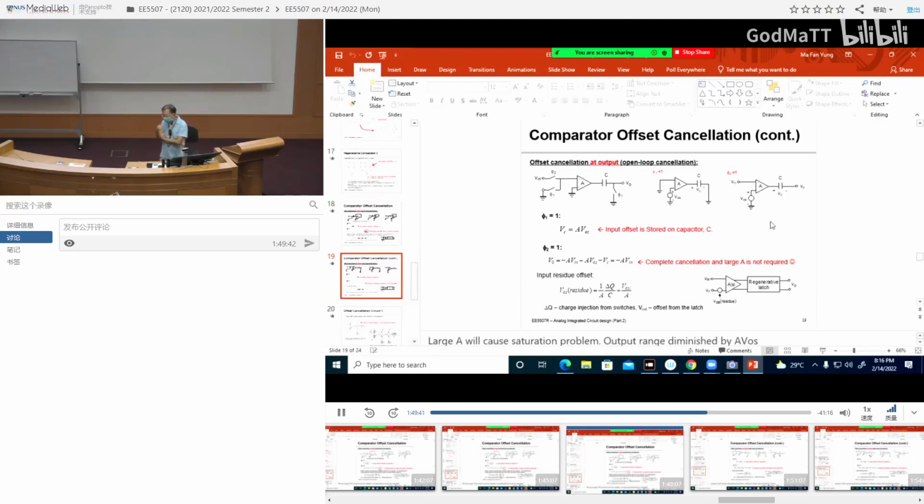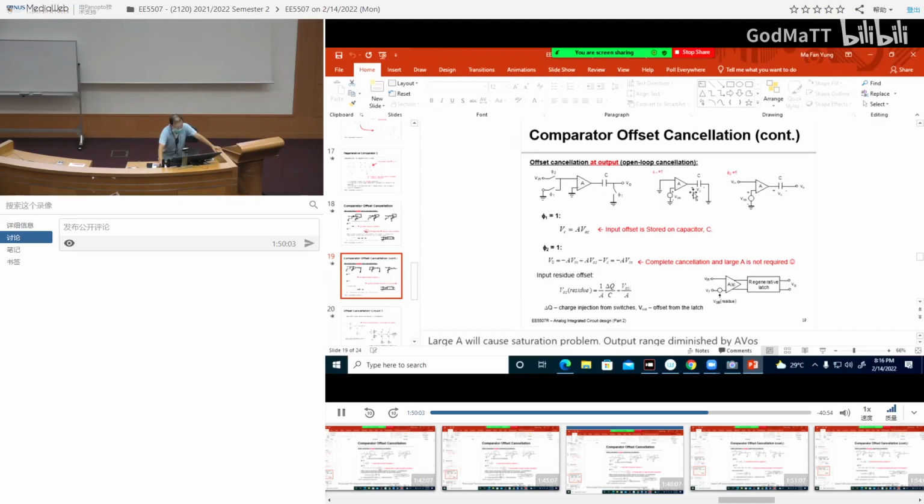Previously we talked about how we use a capacitor to store the offset at the input side. But we can also store the offset at the output side. So this is how you do it. This is your comparator again. Now my capacitor I put at the output.